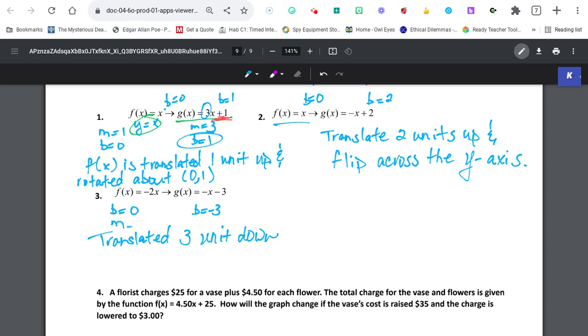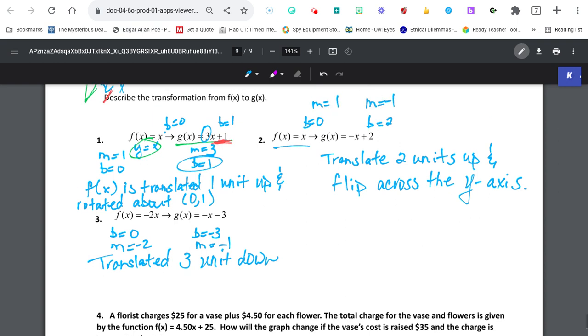And the slope has gone from negative 2 to negative 1. The slope has changed, but not to its opposite. It's just changed, and it's been rotated about the new y-intercept, which is at negative 3.